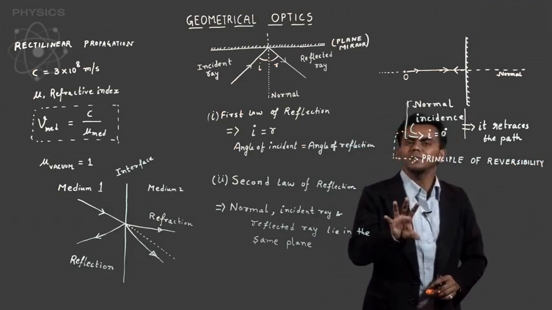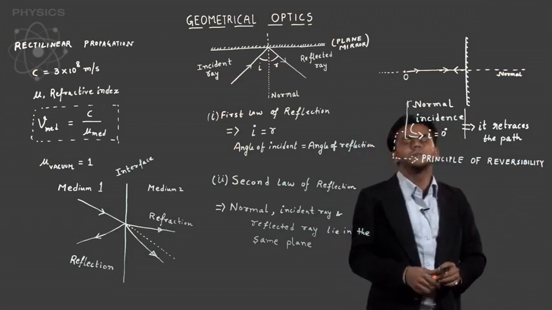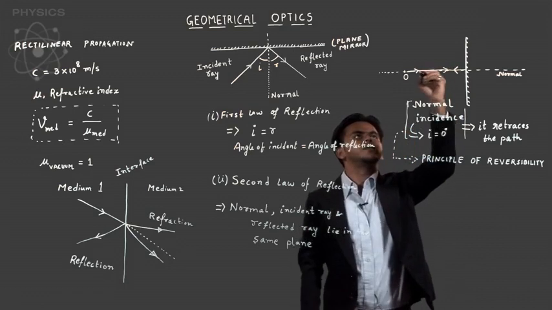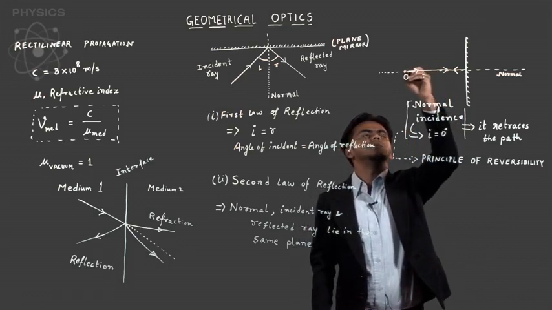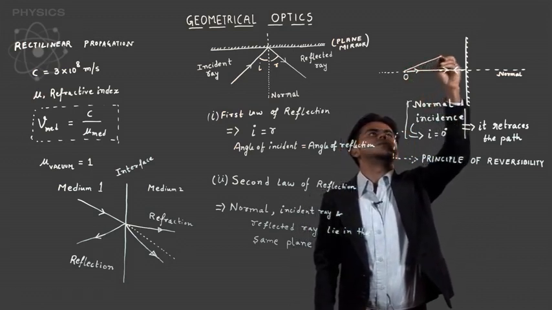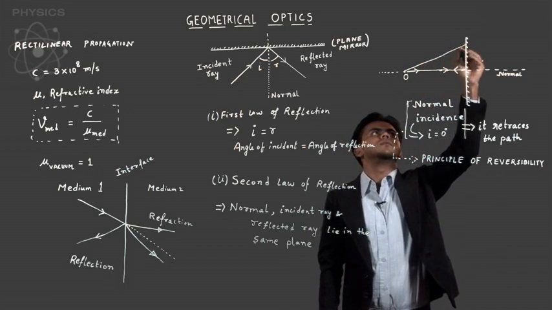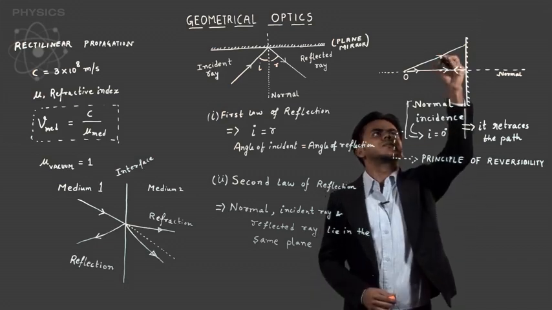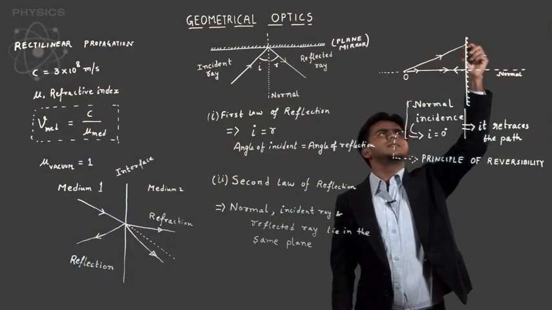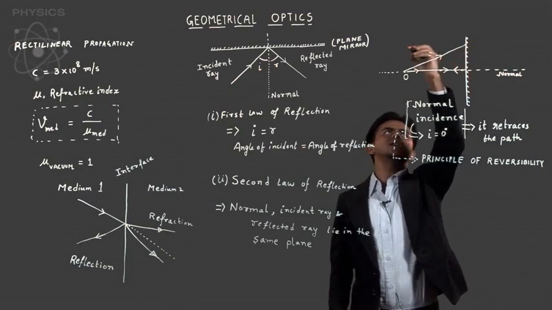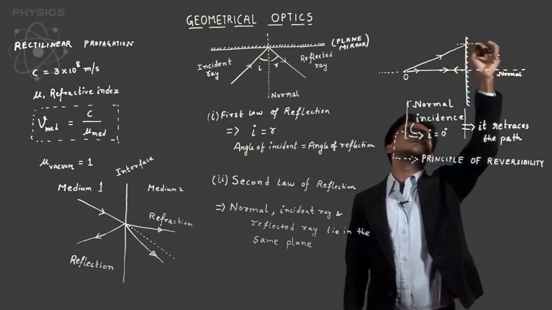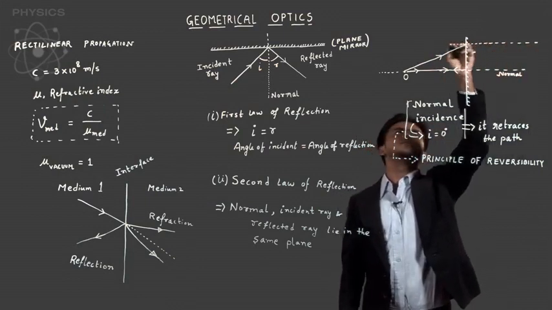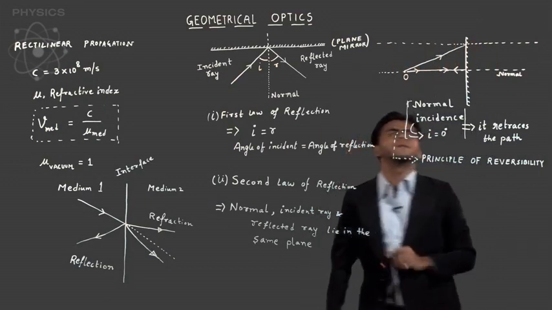Now, there could be another ray coming out of this object. Let that ray be in this very direction. This is the point where this ray is meeting the mirror. I can draw a new normal over here, like this dashed line.